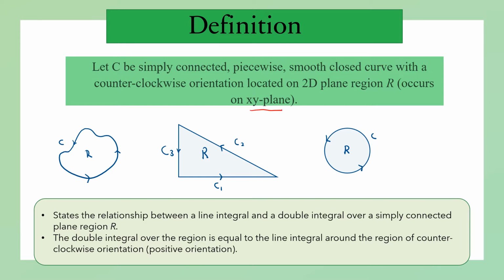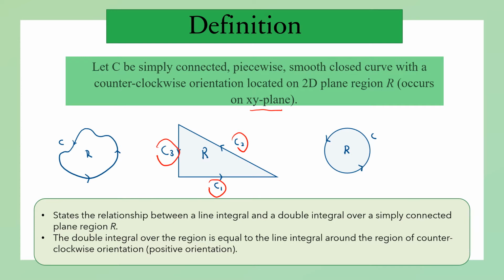The curve has to be a simply connected piecewise smooth closed curve. As you can see here, we have different curves C1, C2 and C3, where we call it a piecewise curve.